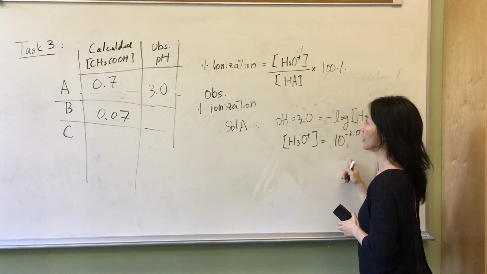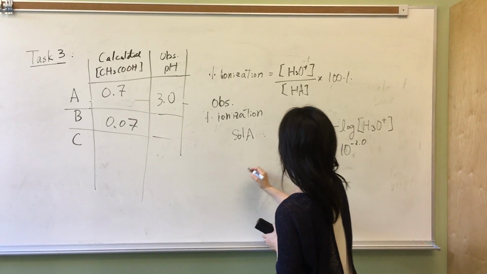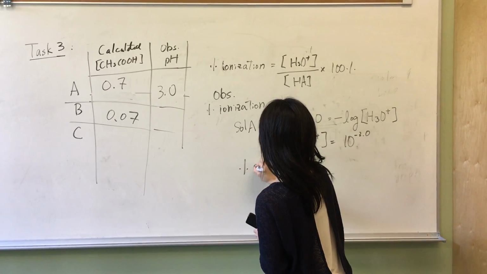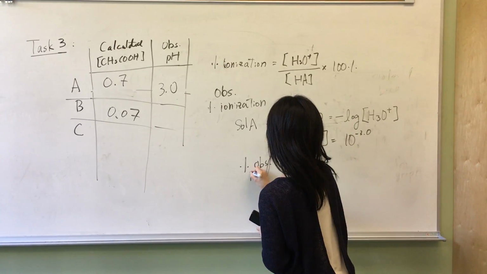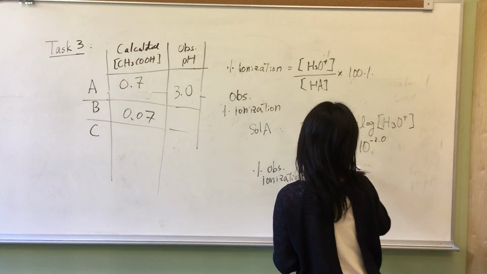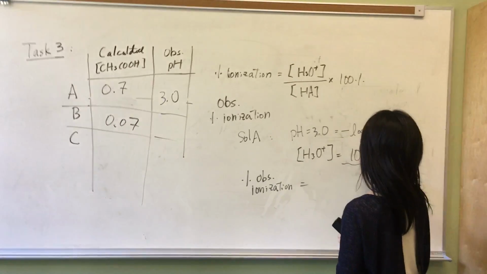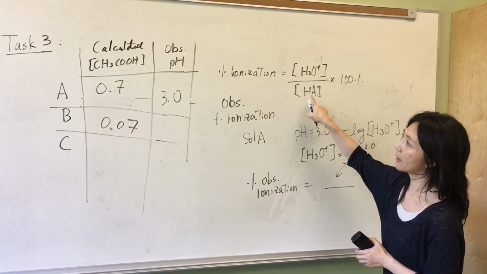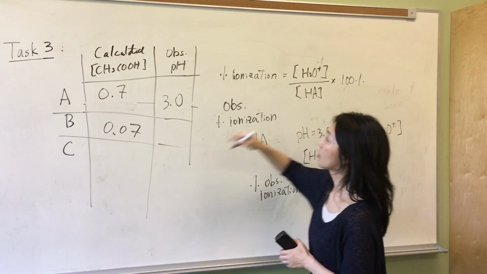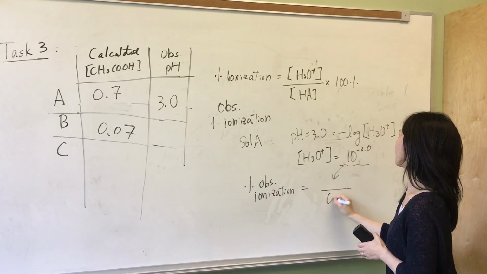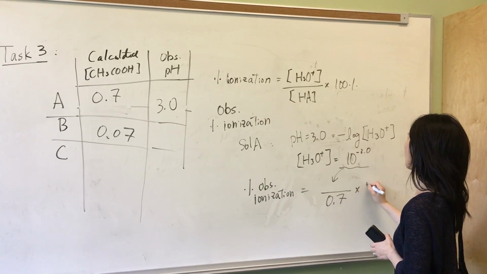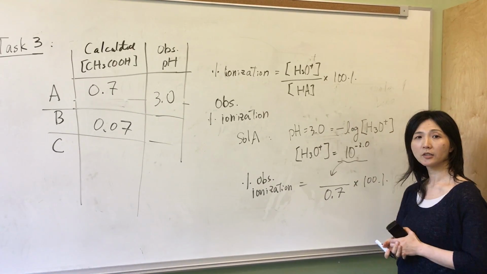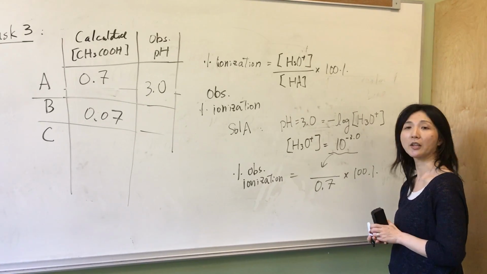Okay, you get the number. Now you can calculate the percent observed ionization for solution A. So this answer is going to go to the top, and then divided by the acetic acid concentration, which is 0.7, that times 100%. Okay? So that's the percent observed ionization.